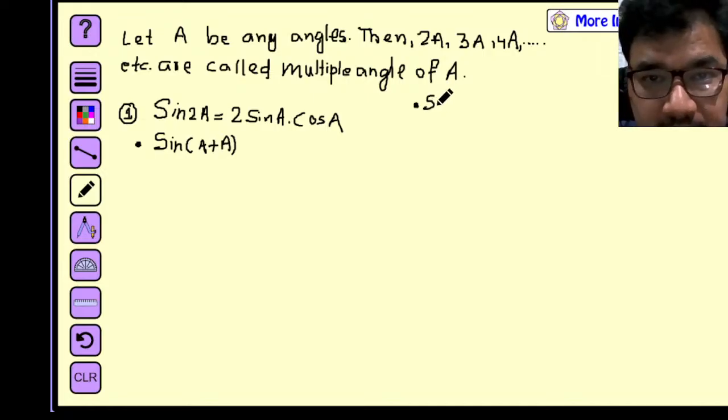We have the formula of compound angles, where two different angles are added together. Sine A plus B means sine A into cos B plus cos A into sine B. This is the compound angle formula.